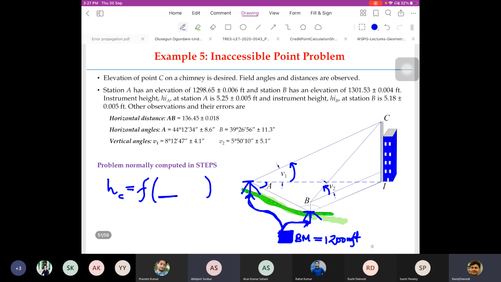H of C, just count and tell me. Four parameters. Sorry, how many? Say again. Six parameters. No, count again.